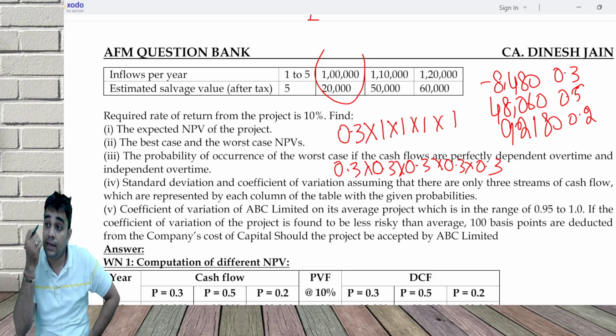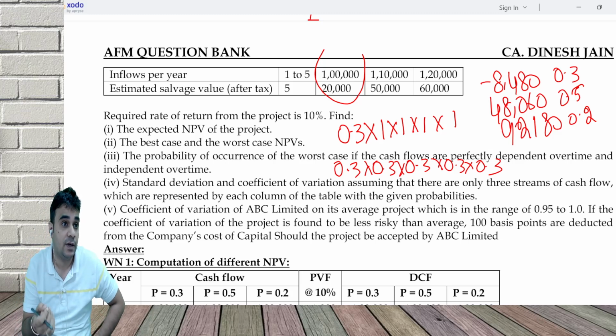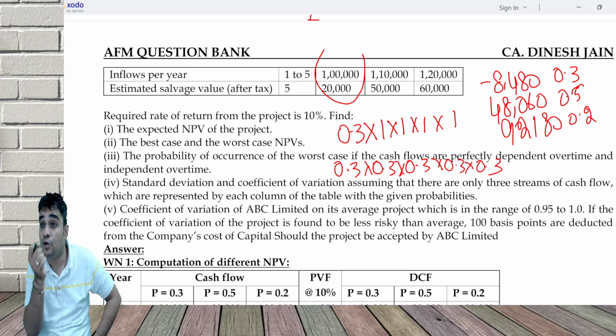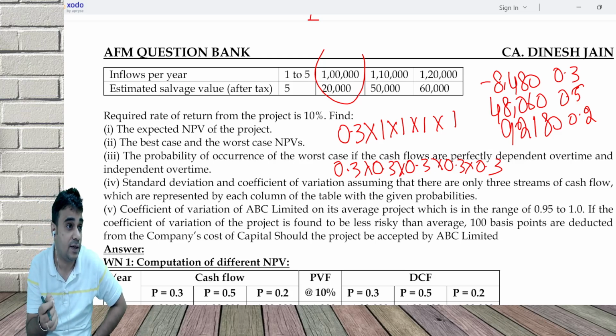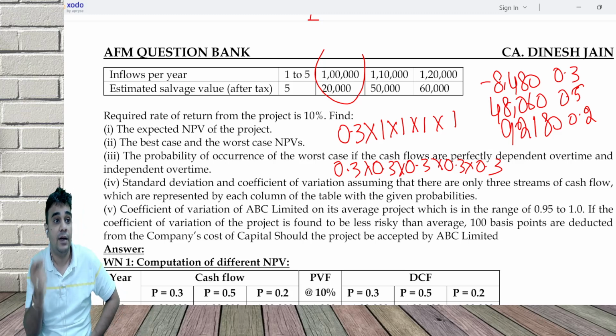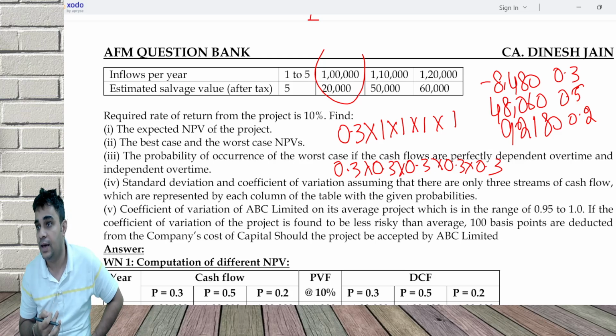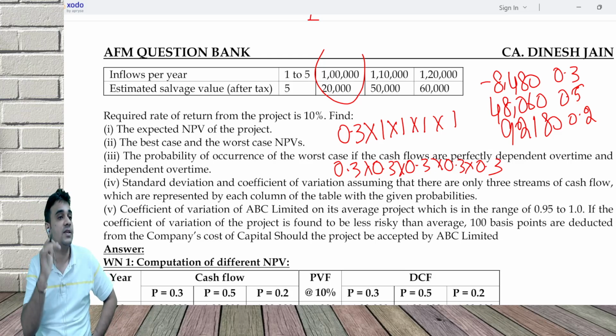So there is a 30% chance of getting the worst in case of dependent, and there's only a 0.243% chance of getting the worst in case of independent. Independent is you toss a coin 5 times and need heads each time: 1 by 2 into 1 by 2 into 1 by 2 into 1 by 2 into 1 by 2, which is 1 by 32. Very rare scenario. Same way it is going to happen here.